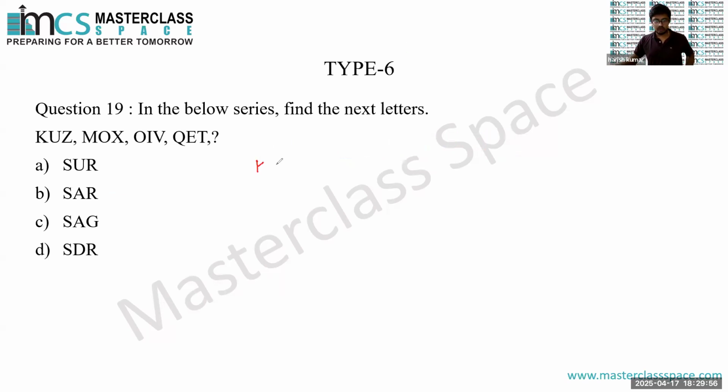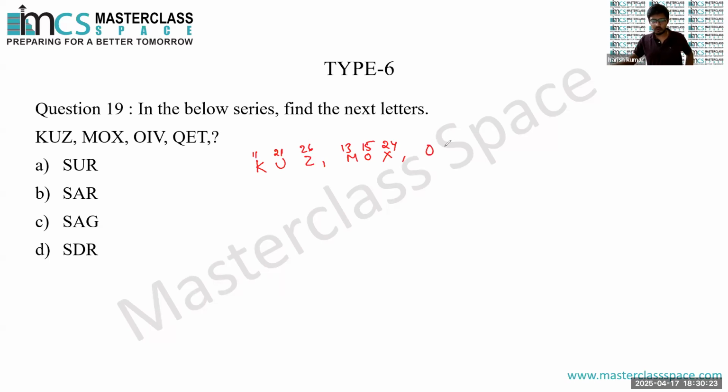So KUZ, right? Again, how do I find? Z is 26 directly. TU, so U is 21. JK, what is K? JK, 11, right? Next is MOX. What is M? M is 13, right? KLM, 13. O is 15, right? And X is 24, XYZ, so 24, okay?